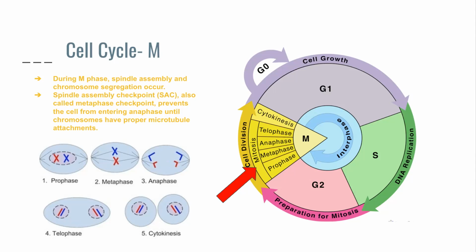Okay, so you're on the right track. The two important things there are duplication and segregation. For segregation, you're absolutely right. You're looking for a structure on the chromosome that is important during segregation. So you're thinking of where those microtubules will attach on the chromosome. We just talked about that.